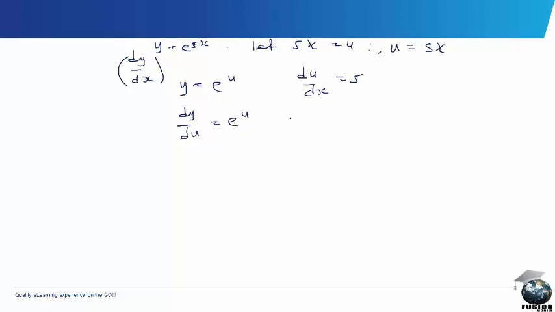And so we can multiply the two functions by saying that therefore dy du times du dx, which is equal to dy dx, gives 5 times exponential u.